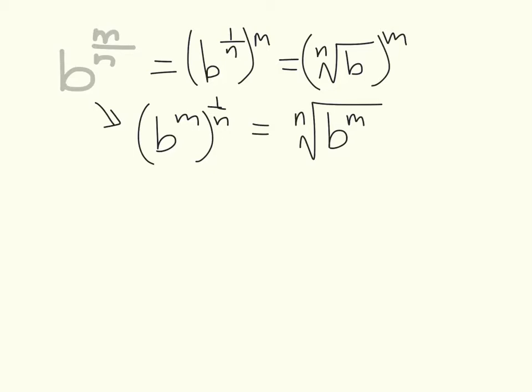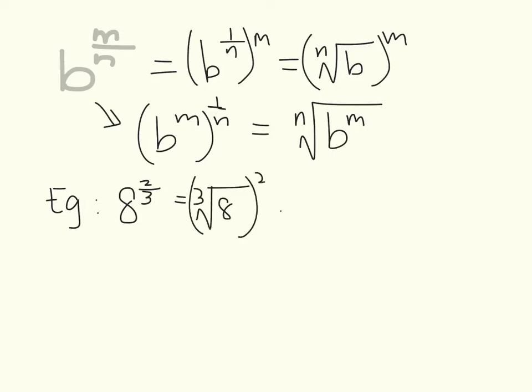An example here could be 8 to the power of 2 over 3. I can write it as the cube root of 8 and apply the square to the whole term.